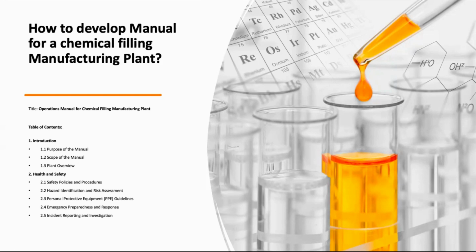For example, here the title is written as Operations Manual for Chemical Filling Manufacturing Plant. Then comes the table of contents. In table of contents, you will mention part 1 is the introduction, and it has 3 subparts. 1.1, the purpose of the manual, 1.2, the scope of the manual, and 1.3, the plant overview.